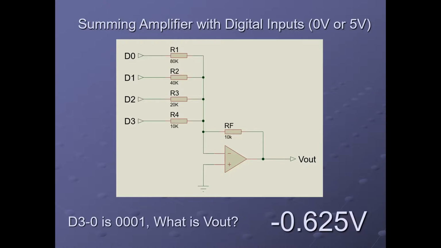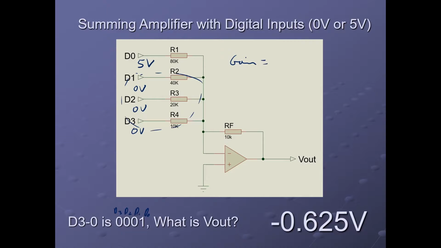So what am I going to have here? Basically, D3, D2, D1 are 0 volts, and D0 is 5 volts, because D0 here is a 1. If all those other three are zeros, then they're not going to come into it. What I've got is a gain of minus RF over R in.